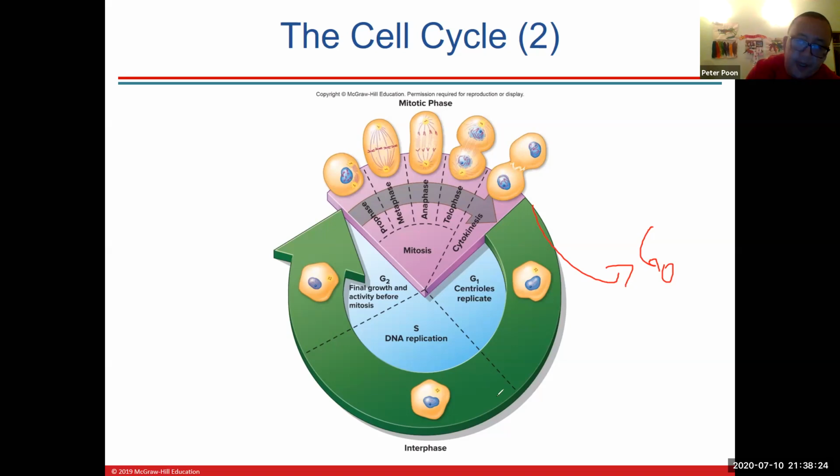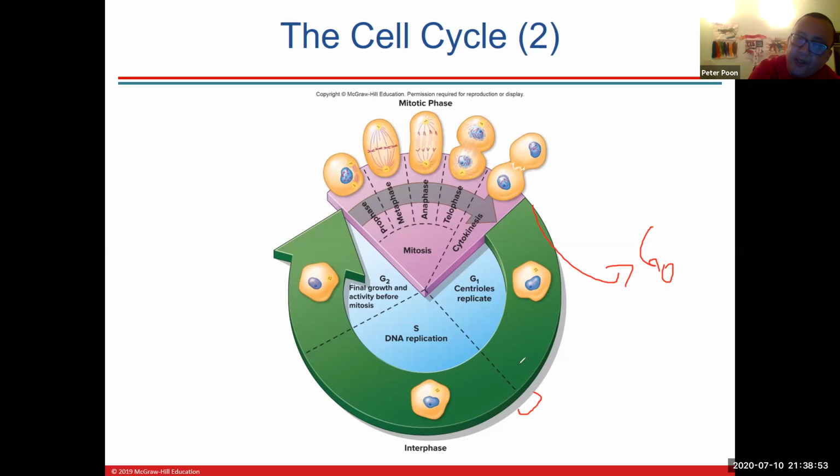So once it goes through, it goes to DNA replication. There is actually a stop sign there, a checkpoint. That checkpoint is manned by an enzyme called P53.